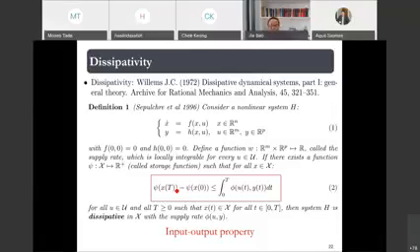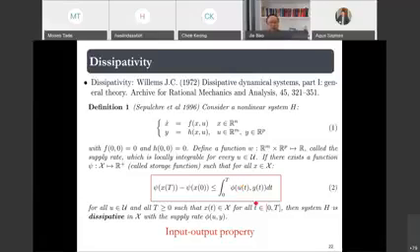The storage function is defined on all the states, and it is typically positive definite, but in dissipativity theory the definition is positive semi-definite. That's a minor difference, and conceptually we don't need to worry too much about it. It basically says that if the change of the storage function is bounded by the supply rate, then we say this process is dissipative with respect to that supply rate.